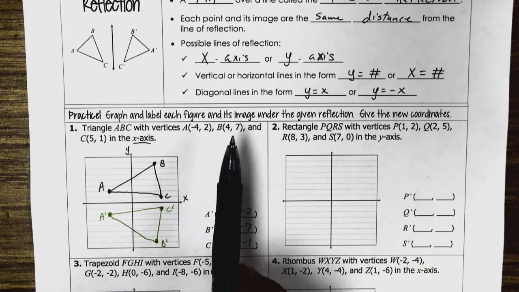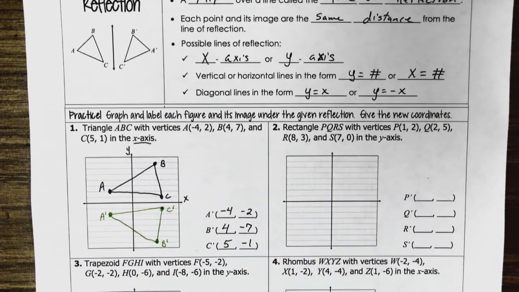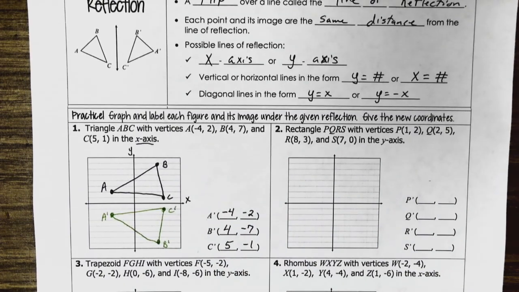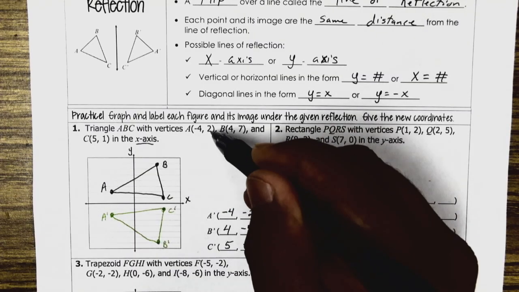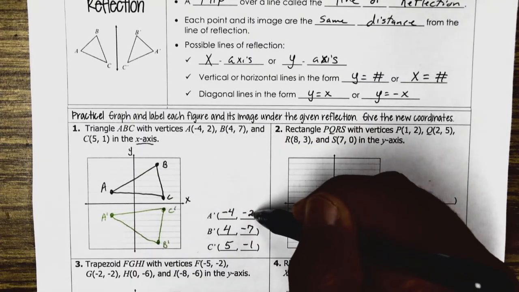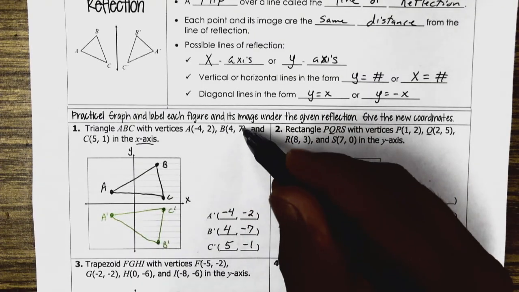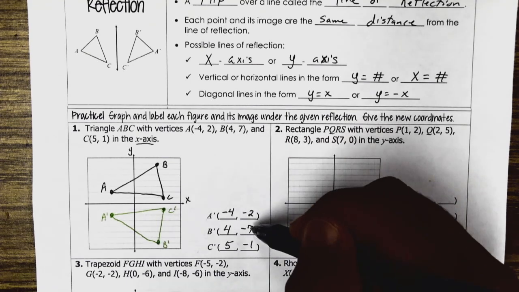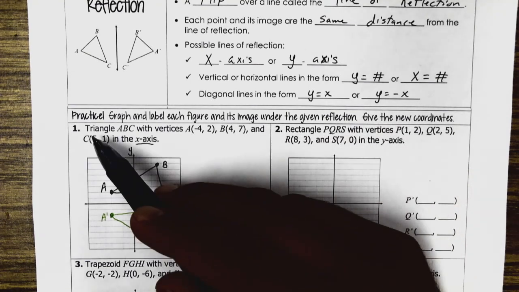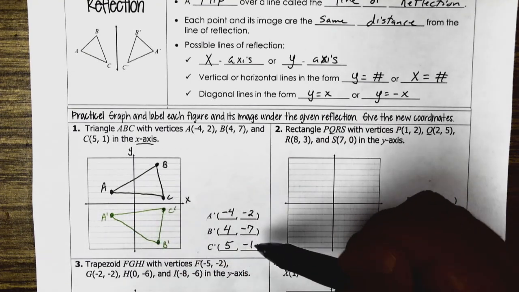But for the y-coordinate, all you have to do is change its sign. If it's positive, turn it negative. If it's negative, turn it positive. So right here, y was 2, and over here, y is -2. For B, it's +7, -7. C is +1, -1.